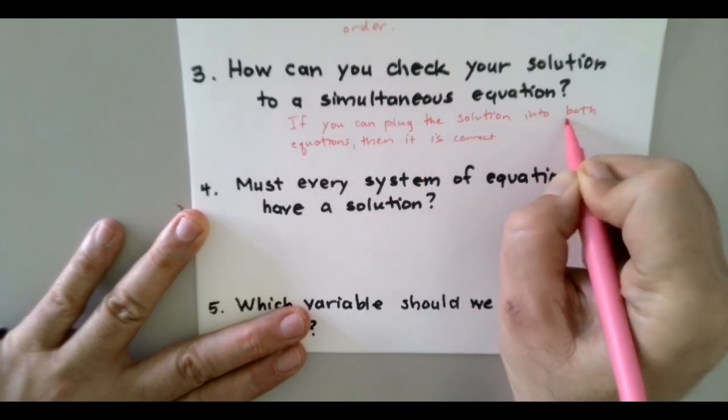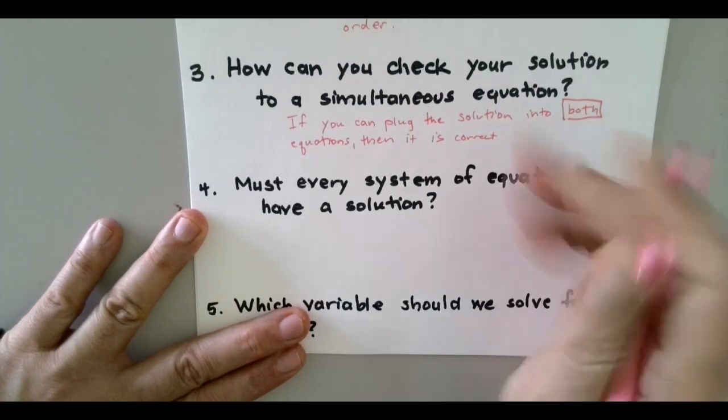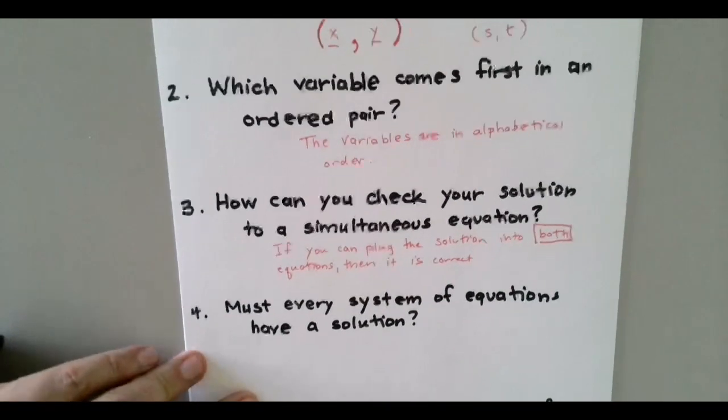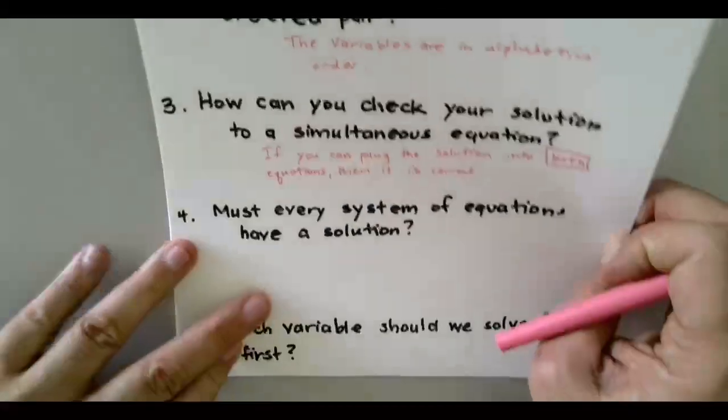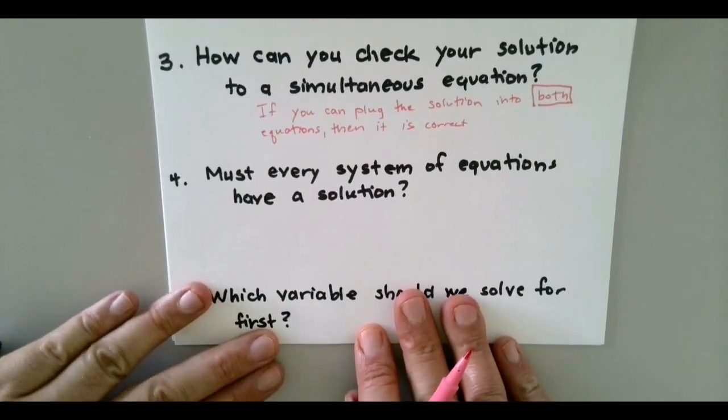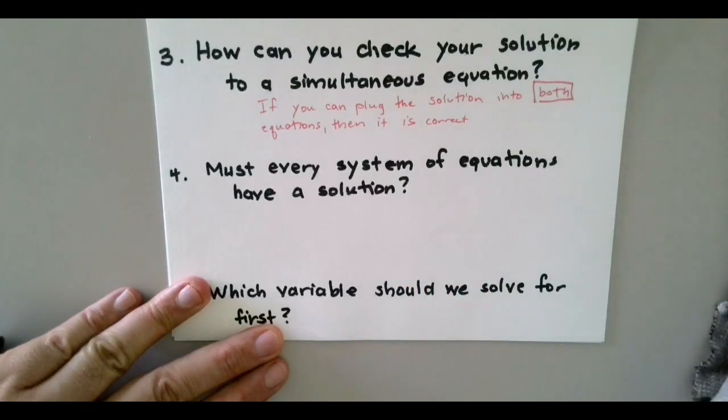So in other words, there's an infinite number of ones that are solutions to the first equation. There's an infinite number of ones that are solutions to the second equation, but there's only one right solution that works for both. That's where they cross.